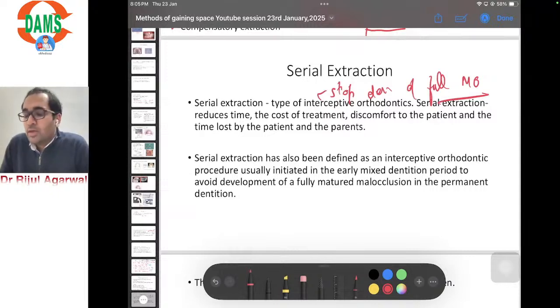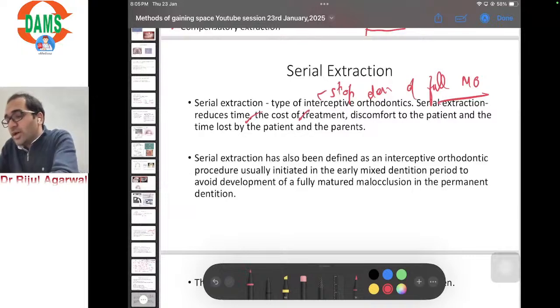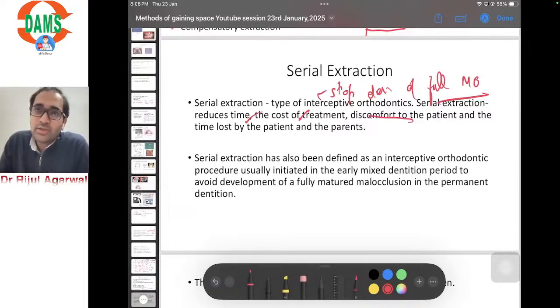Once the permanent teeth erupt, the patient will require less intensive orthodontic treatment, or sometimes no orthodontic treatment at all. So the cost and the time will get reduced, and the discomfort caused by full-fledged orthodontic treatment will also get reduced.